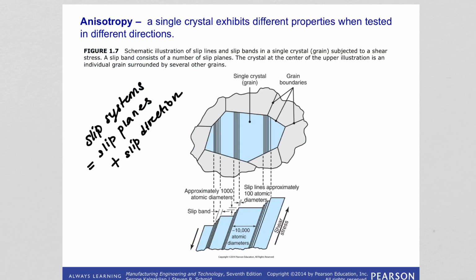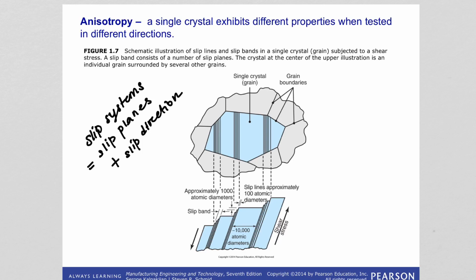Okay, so for example, in BCC there are 48 possible slip systems, meaning the combination of planes and directions. If you remember, I told you guys, BCC structures are usually a result of the presence of covalent bonding in the structure, because the bonding is directional and it will create less packing.